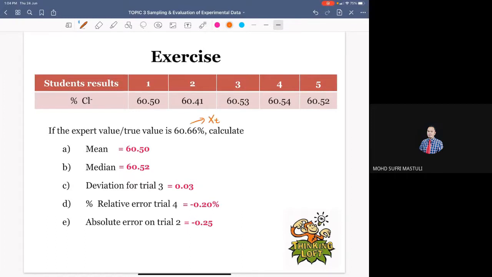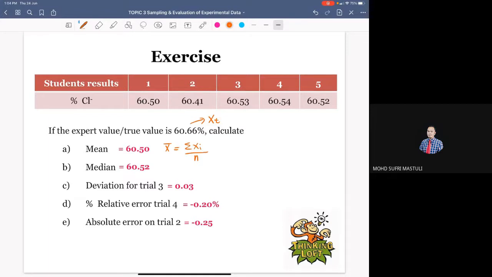So you have to calculate the mean. Mean is the summation of x divided by n. So you can try.